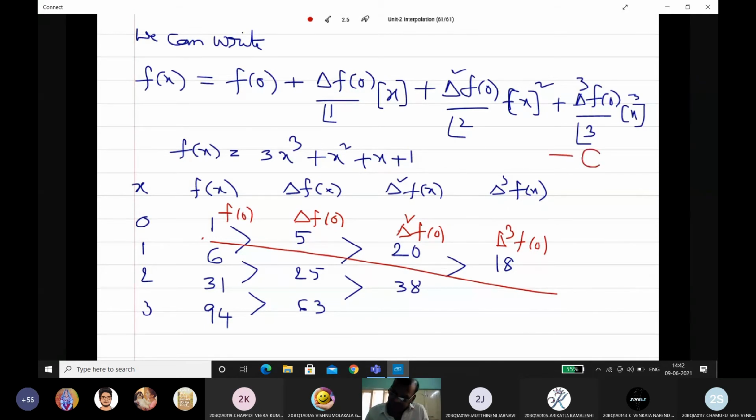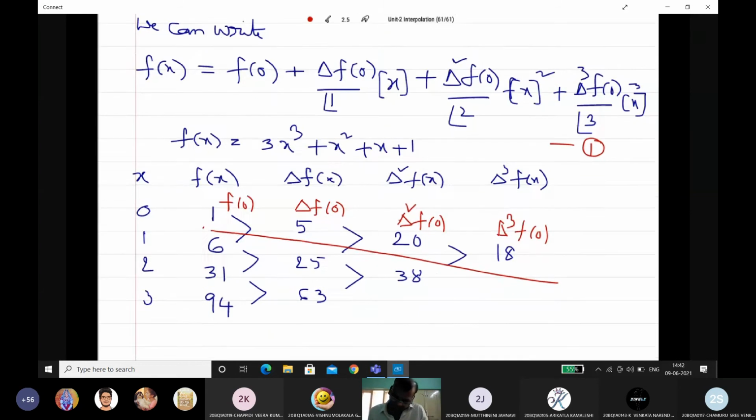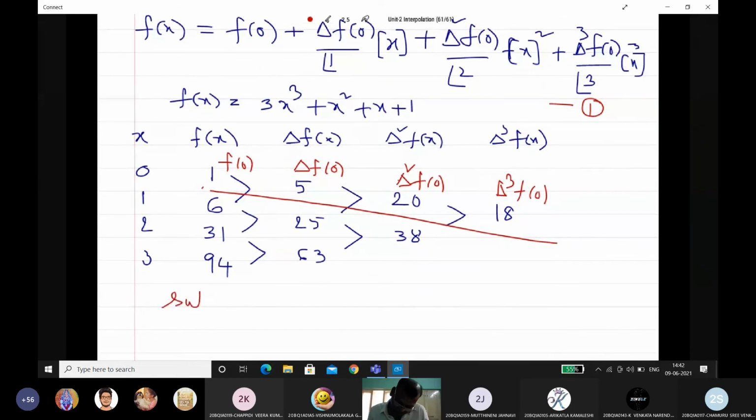Now substitute the values in equation 1.